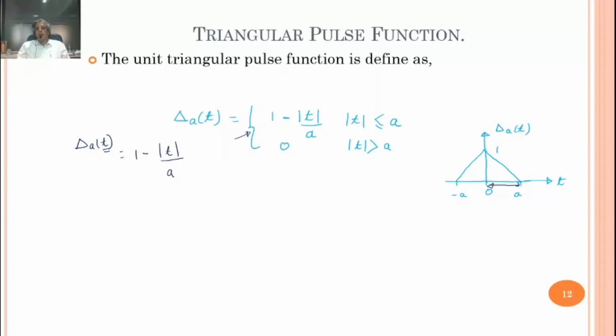This mod of t means whether t is a positive value or a negative value. When mod t is greater than a, for positive or negative values, the amplitude becomes 0. Now we will find the slope of this signal to represent it as a mathematical equation.